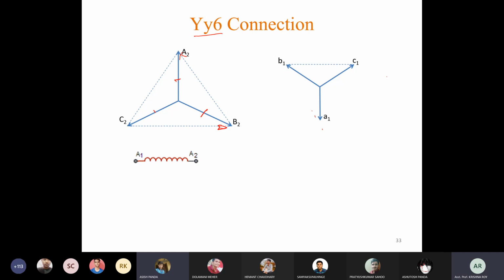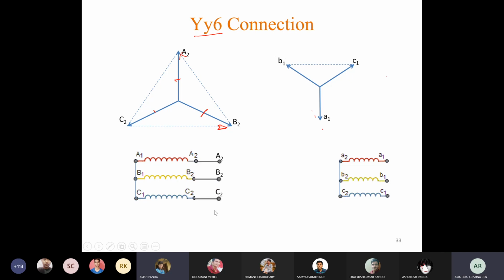The primary connection remains same. So first of all, you will be given 6 coils. Primary connection is all the 1 terminals are shorted and the input terminals are A2, B2, C2. And the secondary side, all the 2 terminals are shorted. So here these 2 terminals A2, B2, C2 are shorted, and these are the input terminals.